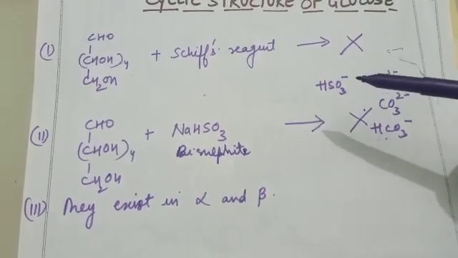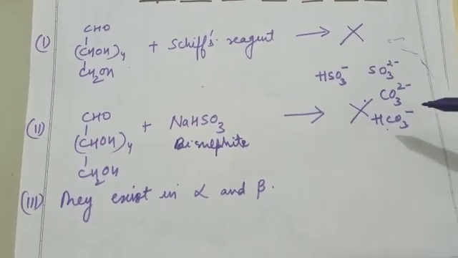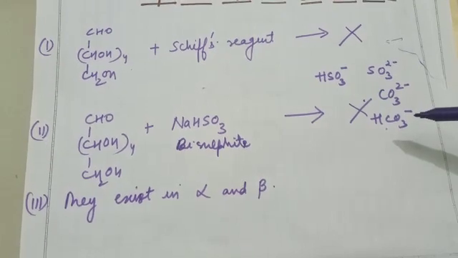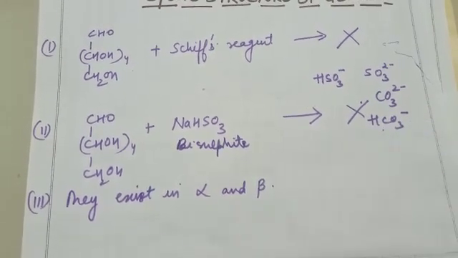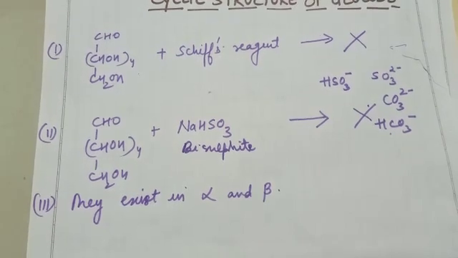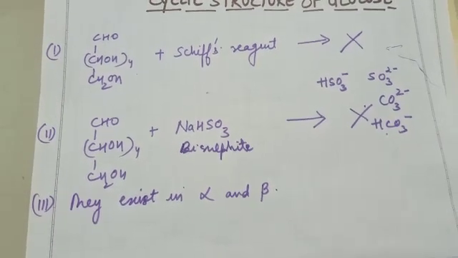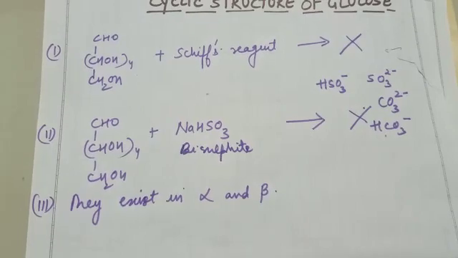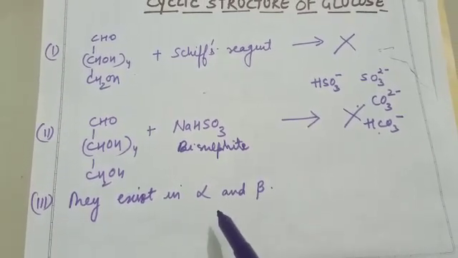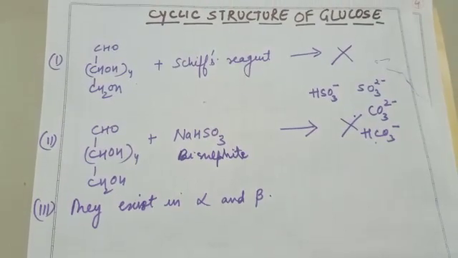So HCO3 with the negative charge. Similarly, this is carbonate and HCO3 negative is bicarbonate. So when it is treated with bisulfite, it does not give any product. So the open structure is not supported. As well as, they exist in 2 forms, that is alpha and beta form of glucose.